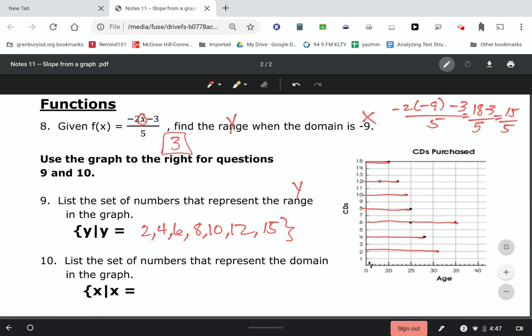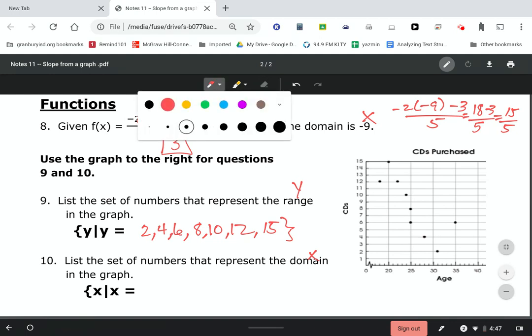All right, then number 10 says list a set of numbers that represent the domain, the x value. Okay, so I am going to erase these so that you can see now that I'm going to go down to my x-axis.